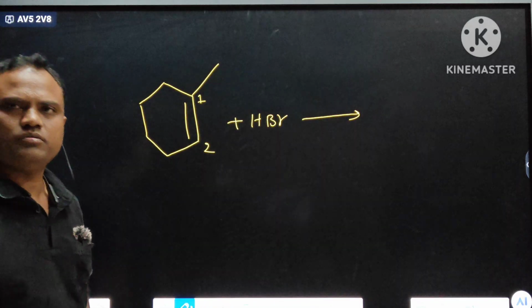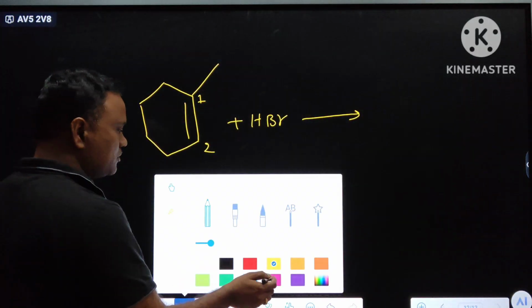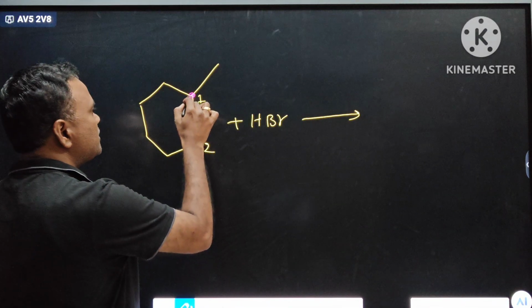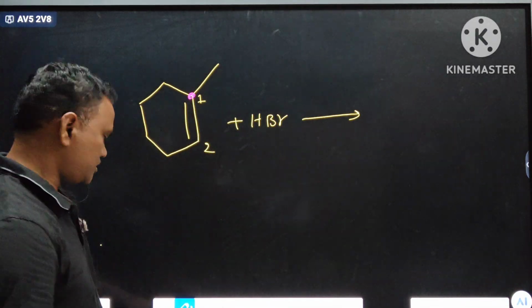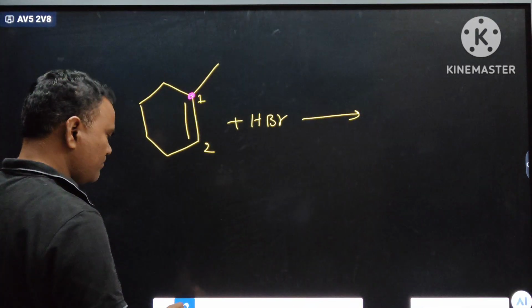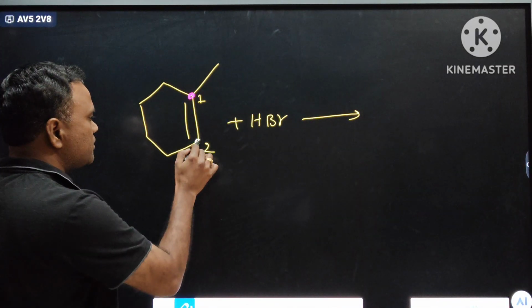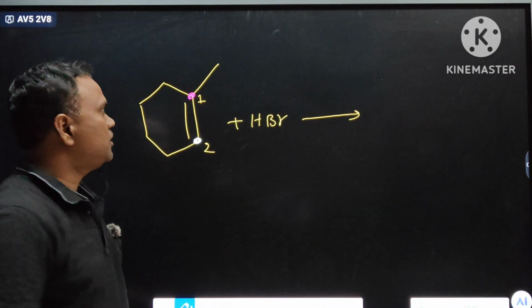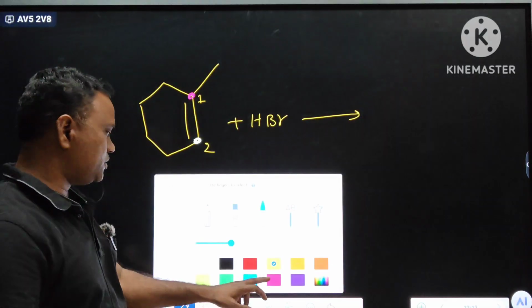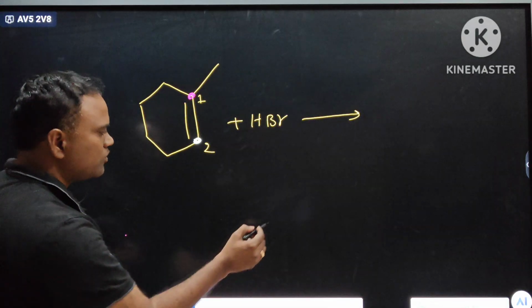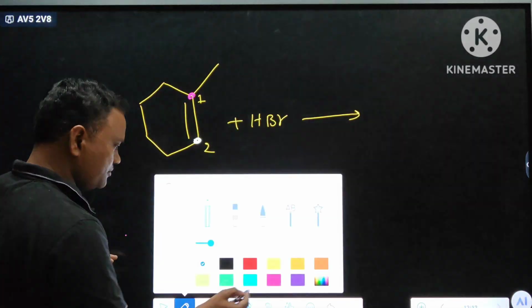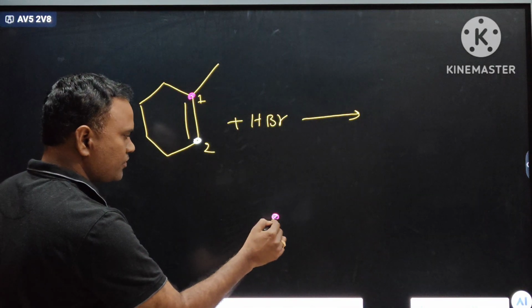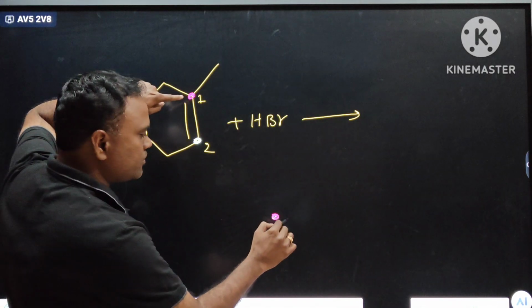First carbon, right? All of you look at this. I am considering the first carbon as the pink one, and representing the second carbon as white. I am observing the number of hydrogens around the pink carbon.